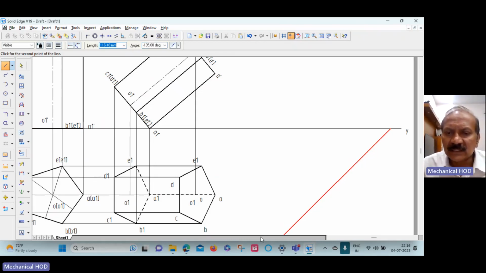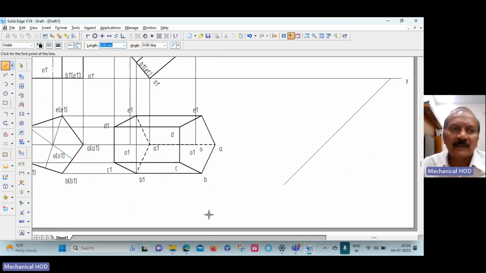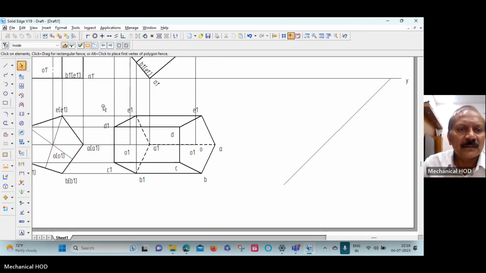Draw a free length line. Length is free length. Now we have to keep this.